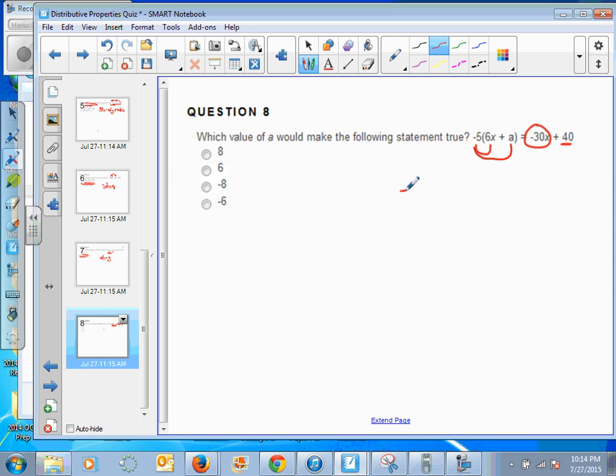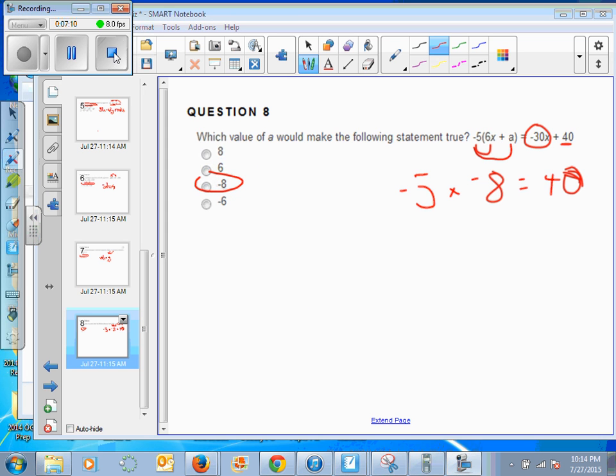Well, I think if you did negative 5 times a negative 8, that would give you the 40 that you're looking for. I can't seem to fill that in, but that's okay. What we see though is that it's got to be the negative 8. Hopefully that will get you started.